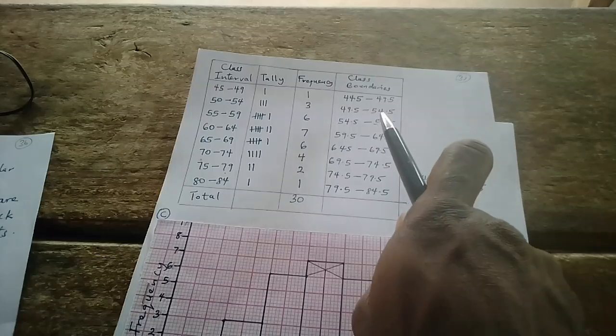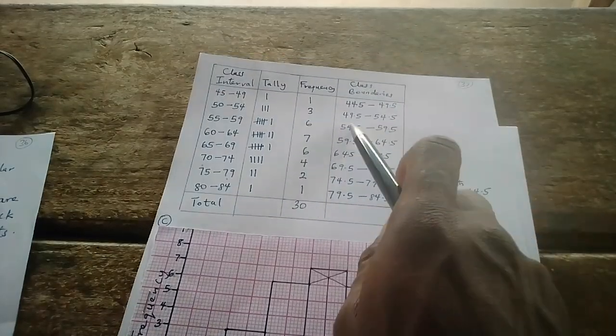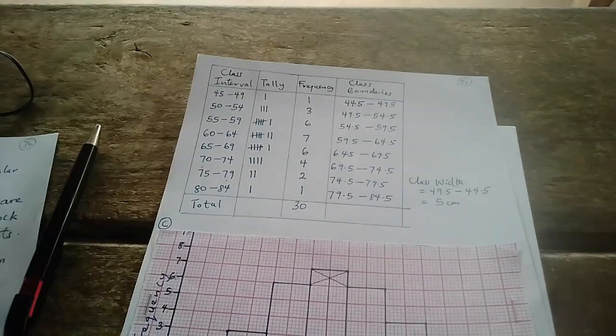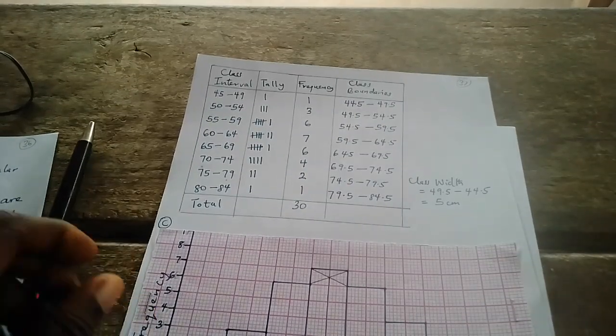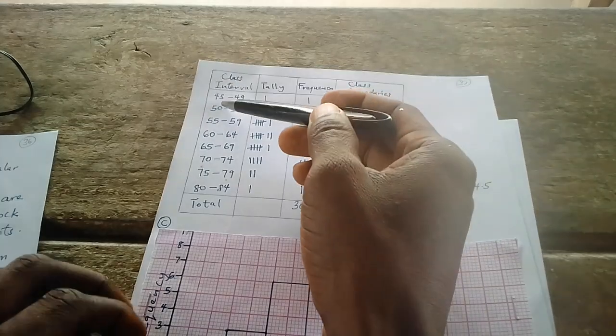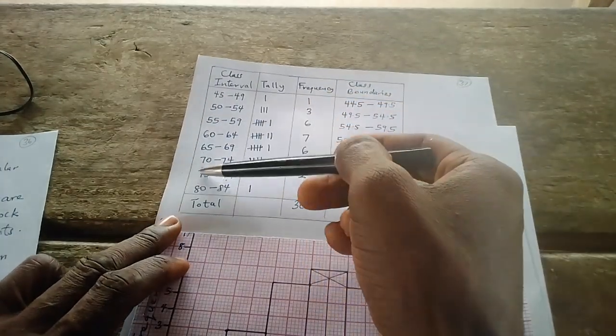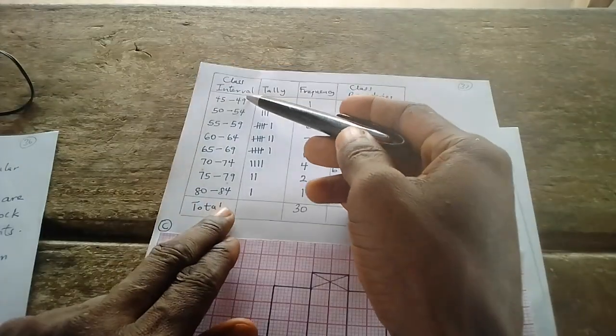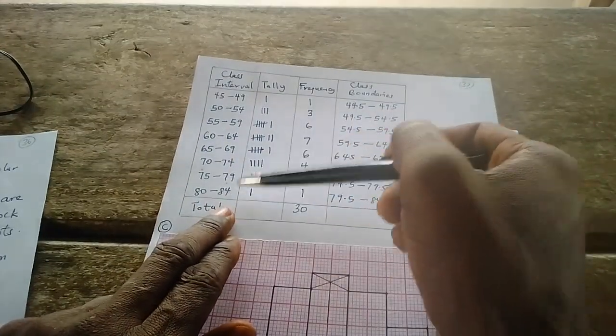Now you realize that from the lower class limit you have to subtract 0.5, then from the upper class limit you add 0.5.